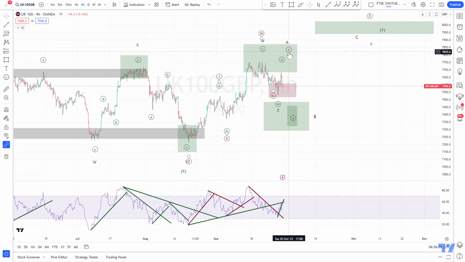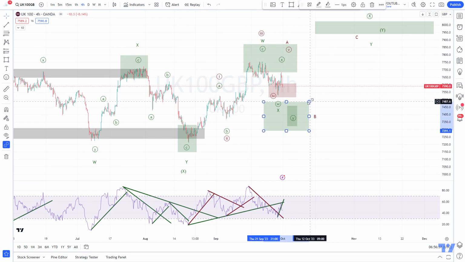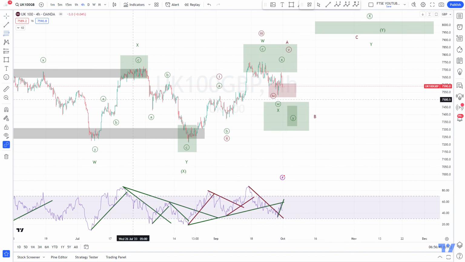Now, I still put it on the charts. It will all depend on Monday. Monday it has to happen, in my opinion. If we do not have an impulse on Monday, we can forget about this ABC and these 5 impulses up, and then it would mean that we are actually heading towards this area.